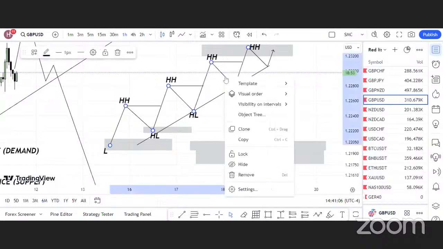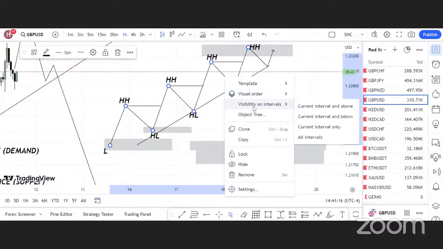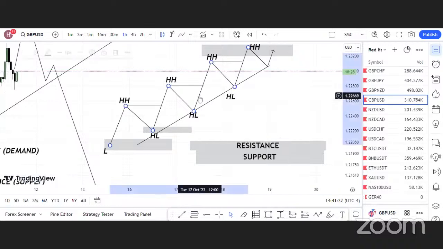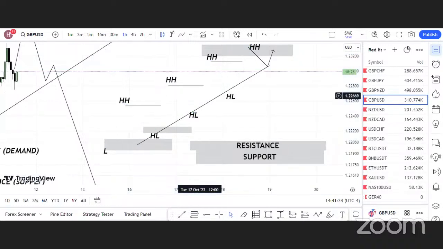I think there's a way to actually turn this. I don't know how to do that. That means we have to restart all of this from the beginning. We have to delete all of this and make a fresh one.